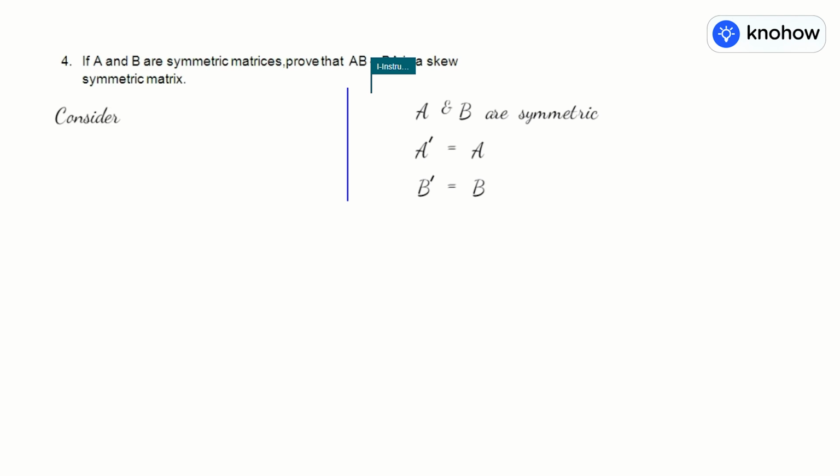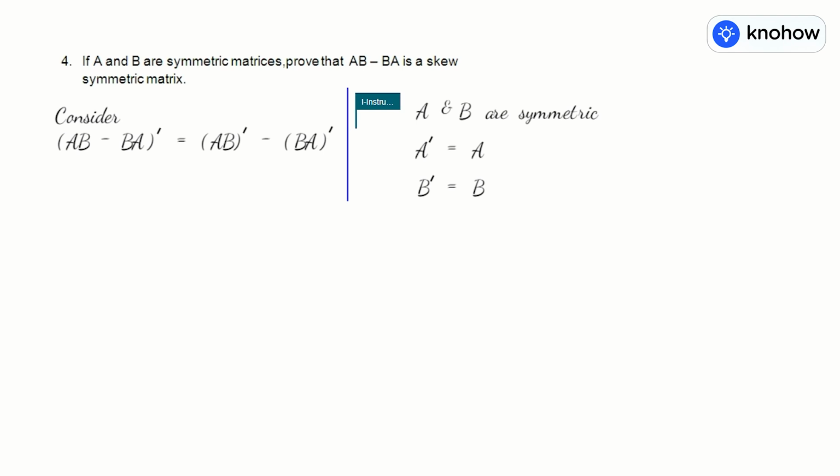So consider AB minus BA transpose. You know, the transpose of the sum or difference of two matrices is the sum or difference of their separate transposes. So it may be written as AB transpose minus BA transpose.